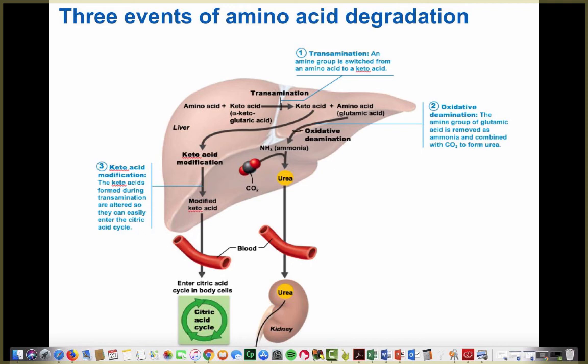Basically here, many amino acids can transfer their amine group to what's known as alpha ketoglutaric acid, and then that turns into what's known as glutamic acid. And so a lot of these original amino acids that we have here get changed into a keto acid.